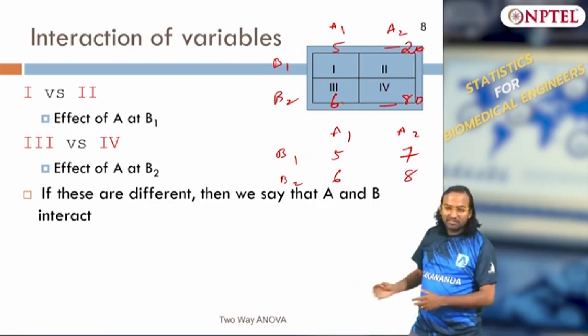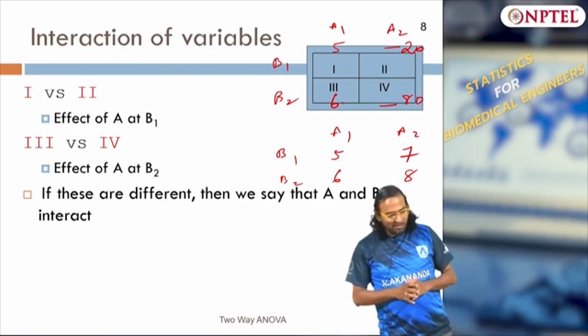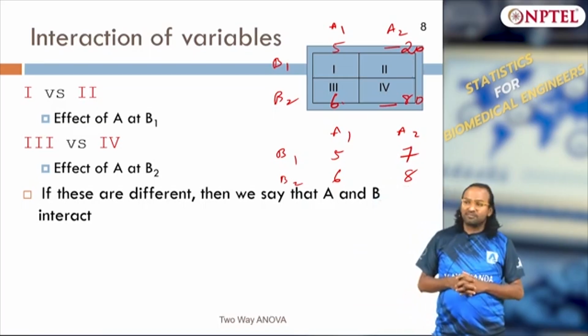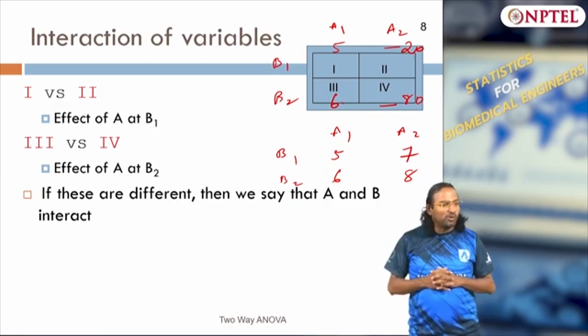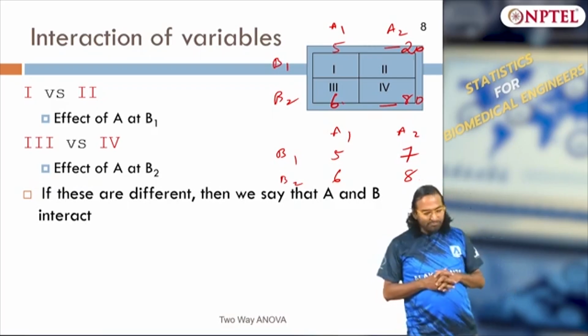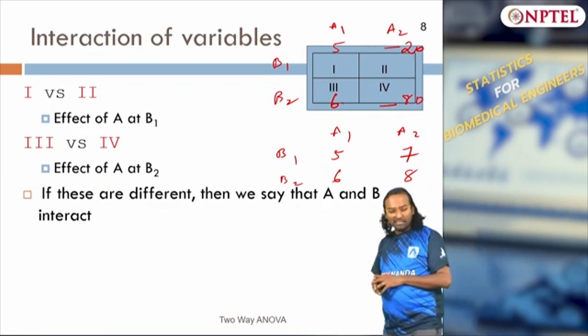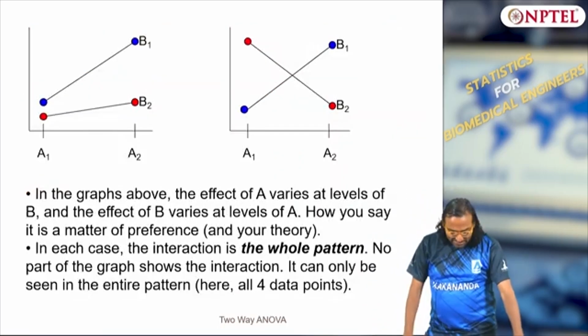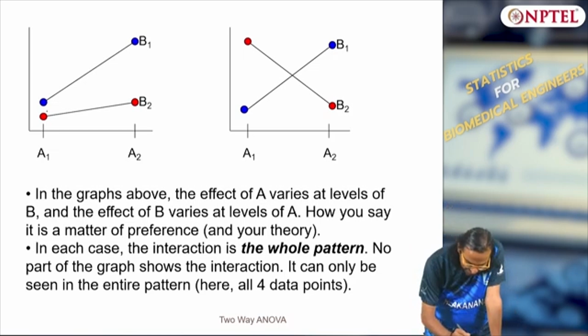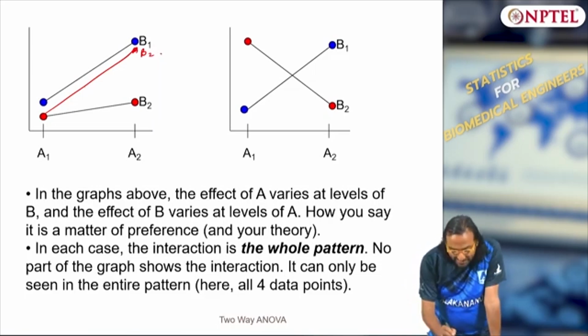You saw the numbers? How do you determine interactions from the data? Looking at the data, you should be able to say how. If there is a linear increase, see if I have something like this, do you say interaction is there?